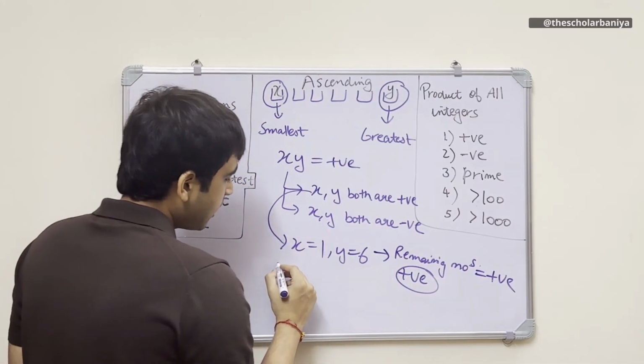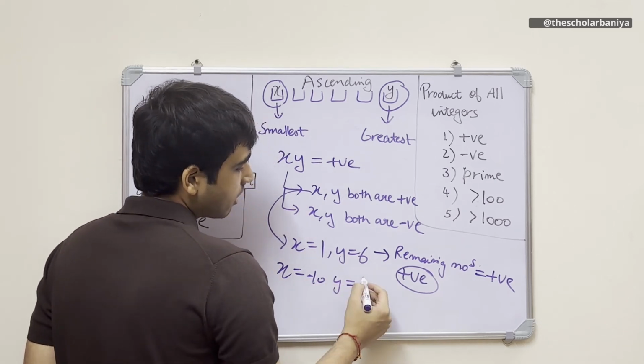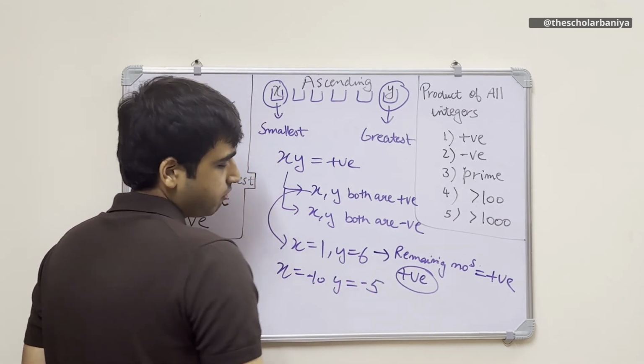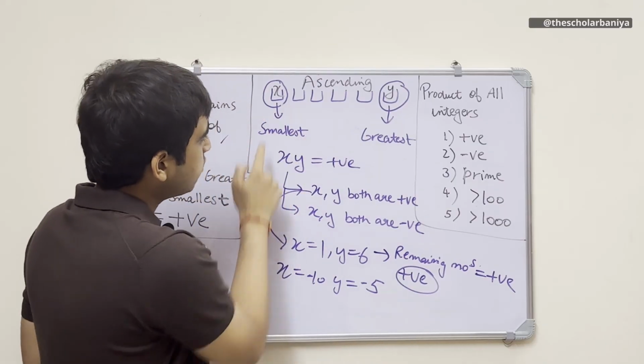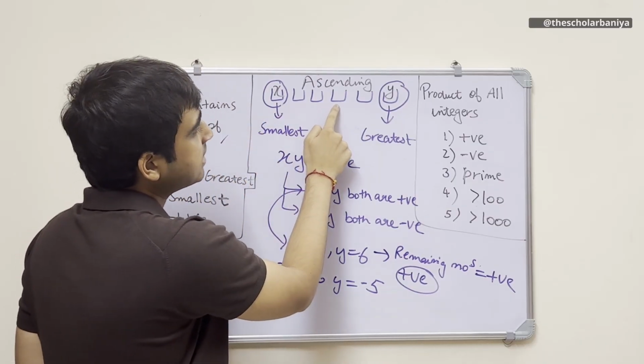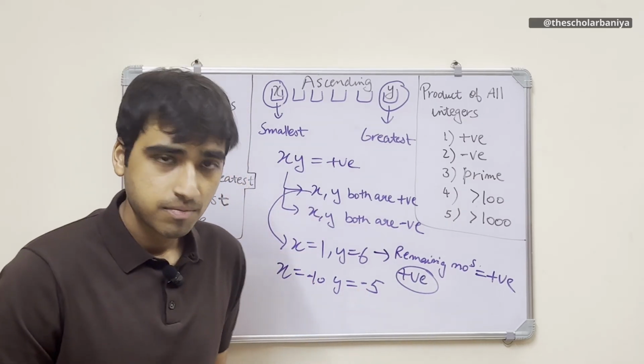Now let's suppose x and y both are negative. For example, x is minus 10 and y is minus 5. We know x is the smallest, so minus 10, minus 9, minus 8, minus 7, minus 6, minus 5, and minus 5 is the greatest.